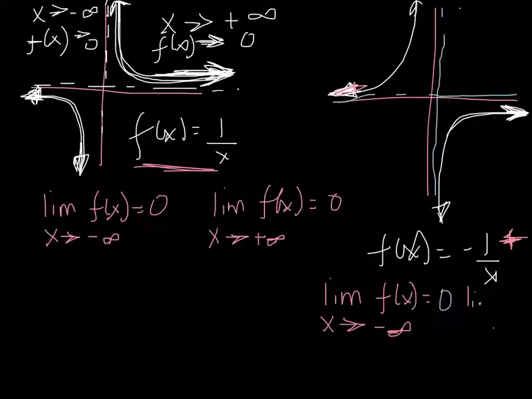Is the limit as x's get bigger, approach positive infinity. And there it goes. F of x equals 0. Okay, I'm just going to erase all this so I have room, sorry.